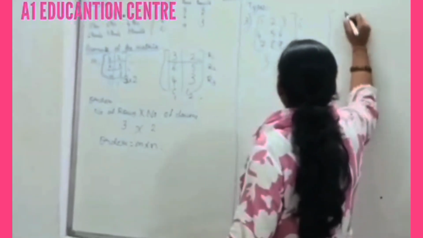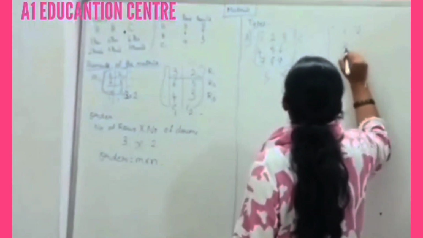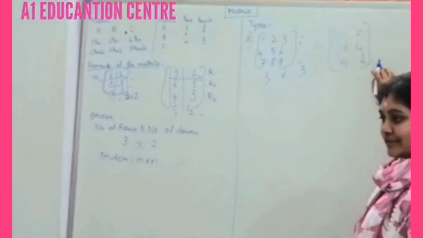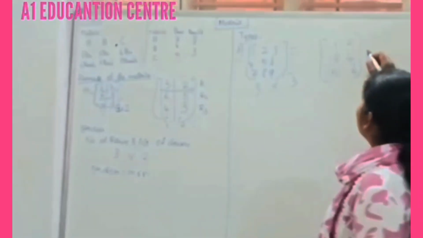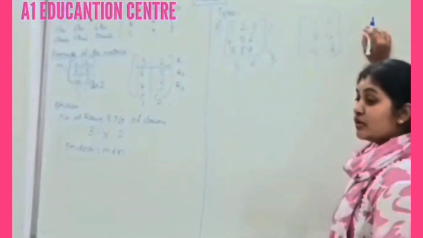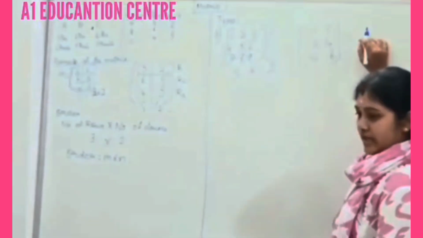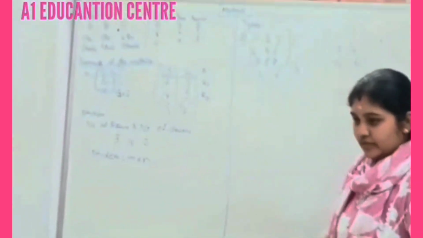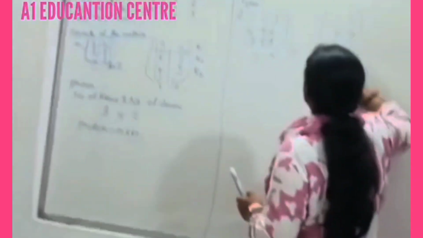Now if instead we write 1, 2, 3, 4, 5, will this be a square matrix? No, because it does not form a square. Understood till here?